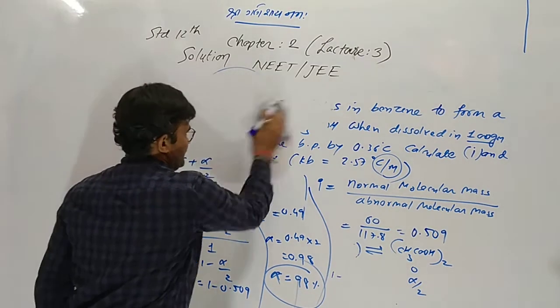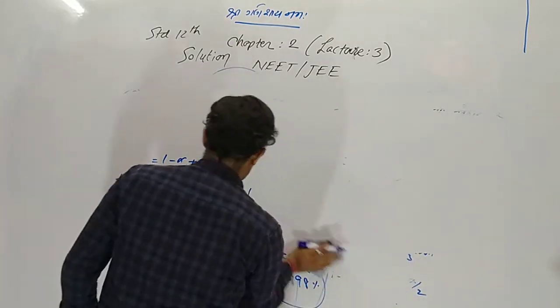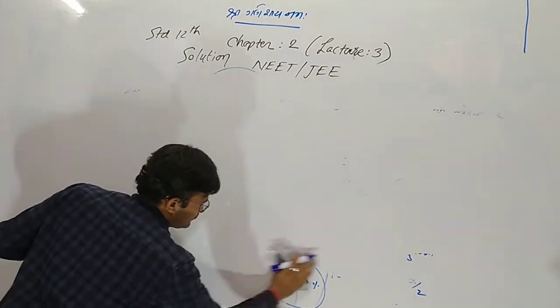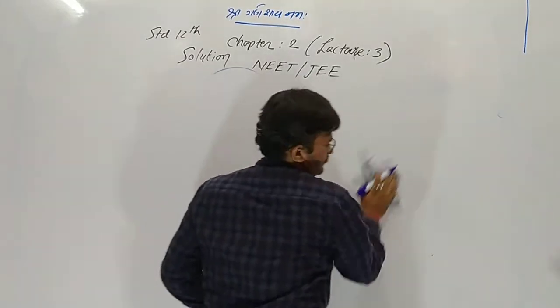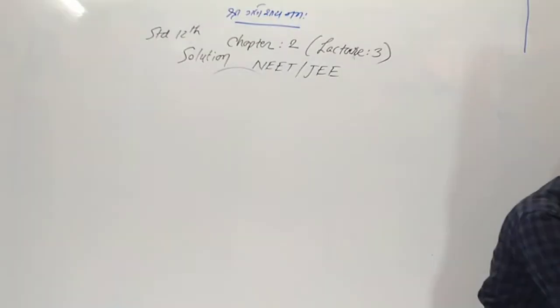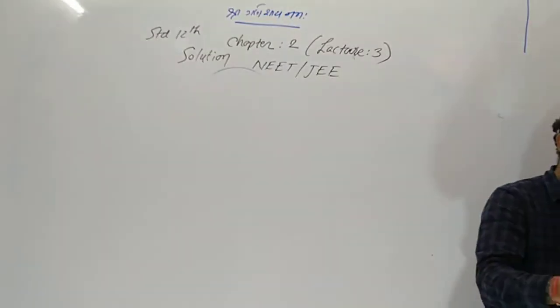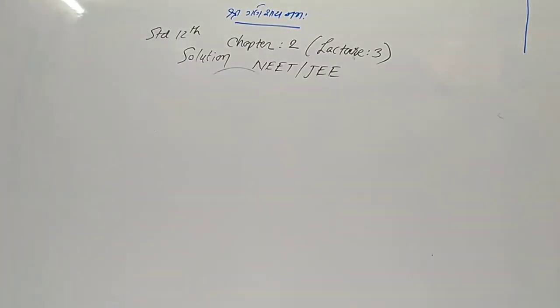Now come to the next question, number 4. 0.3 gram acetic acid is dissolved in 43 gram of benzene.